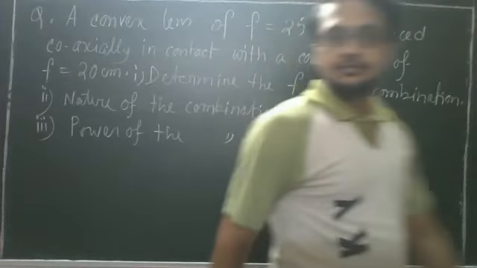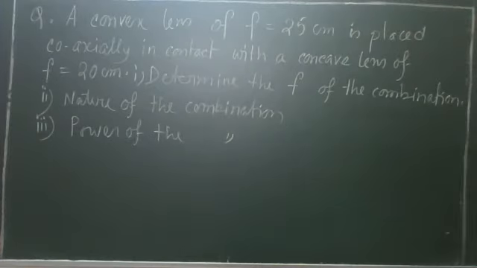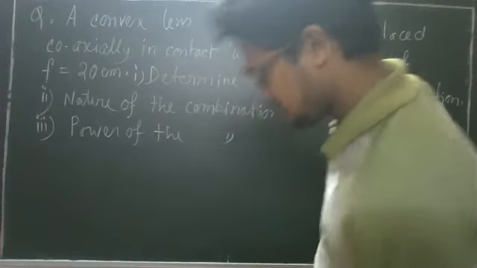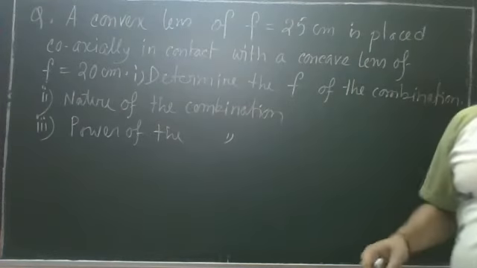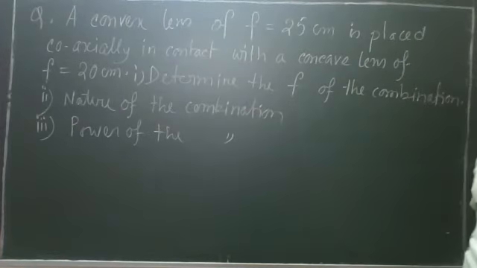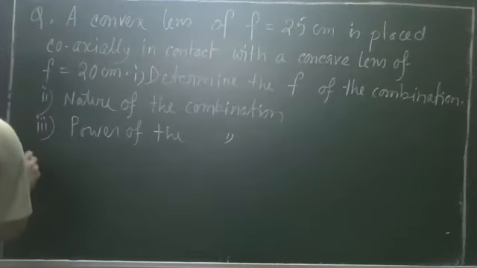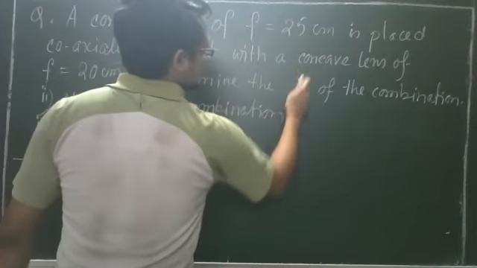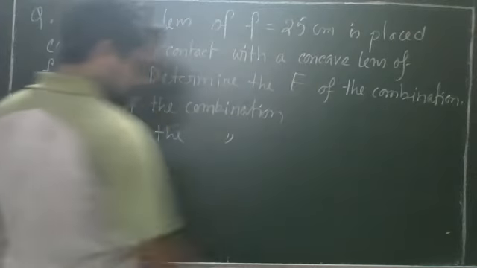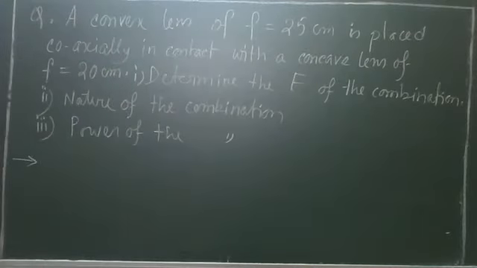Written, everyone? A convex lens of f 25 centimeter is placed coaxially in contact with a concave lens of f 20. Determine the final F. Take it as capital F.